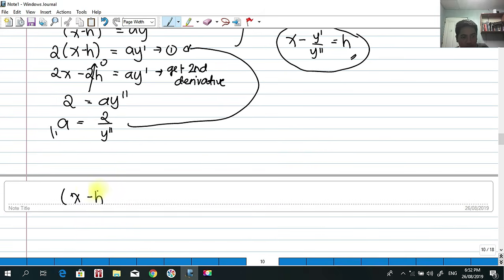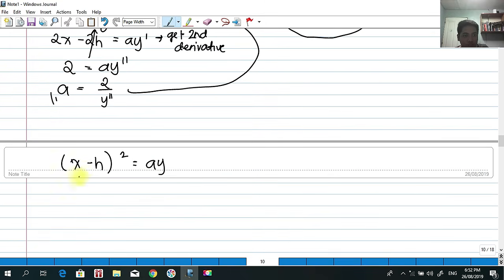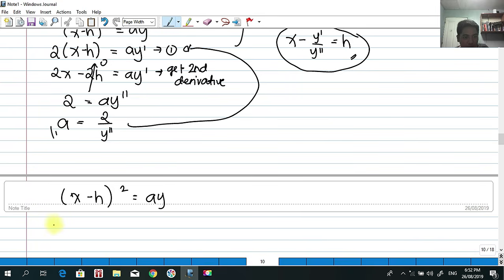Let me rewrite our working equation: (x minus h) squared is equal to a y. Upon substituting h, we have (x minus y prime over y double prime) squared is equal to a, that is 2 over y double prime, multiplied by simply y.